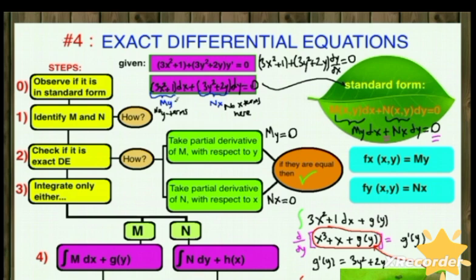At the M part, you don't have y terms. At the N part, you don't have x terms. And our next step was to check if it is an exact differential equation. So we take the partial derivative of M with respect to y. That's why we call it My. And we take the partial derivative of N with respect to x, and we compare it. If they are equal, then our function is exact. If it is exact, we can continue.